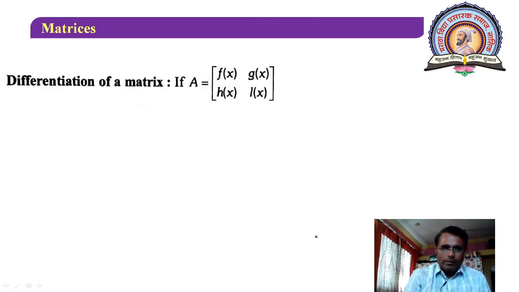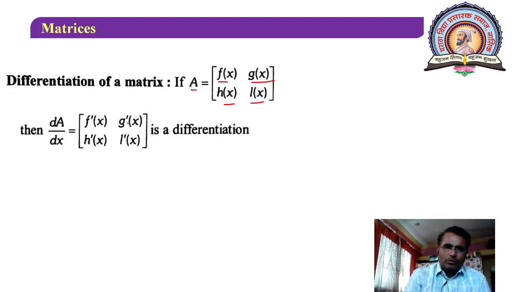One more important concept is differentiation of a matrix. If A is a matrix consisting of some functions at the 1 1, 1 2, 2 1 and 2 2 positions, then just consider the derivative of each function. So, the differentiation of the matrix, dA by dx, is nothing but f dash of x, g dash of x, h dash of x, l dash of x. So, every function is differentiated with respect to x at its own position, and it stays in the same position.